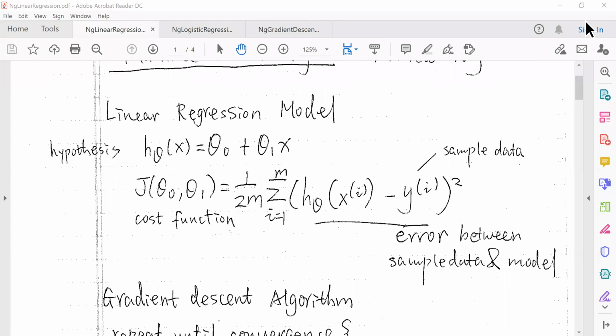Generally speaking, in the linear regression model, X is a feature, and here you have theta 0 and theta 1, which are constant values, basically weights.